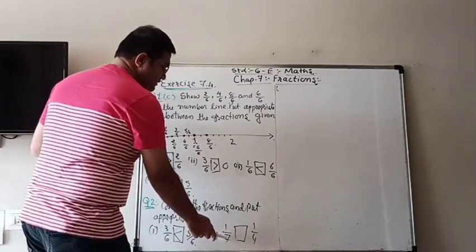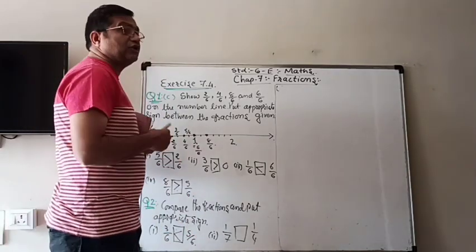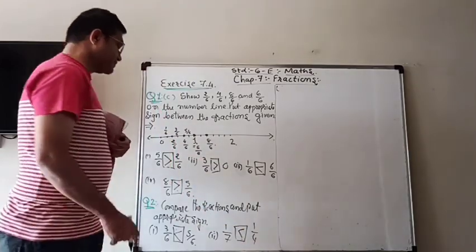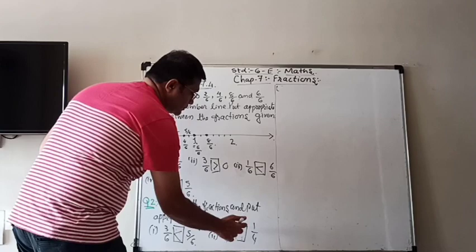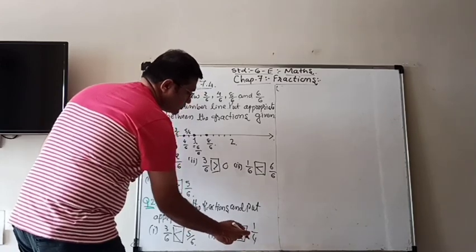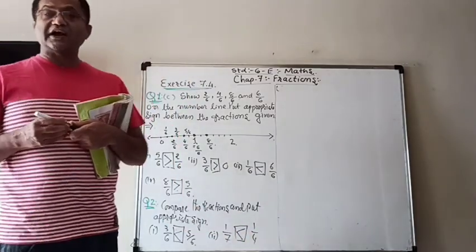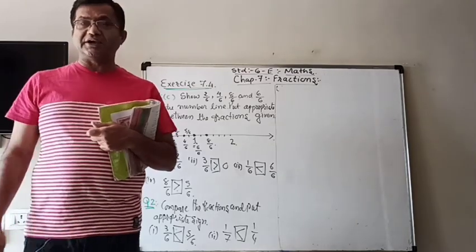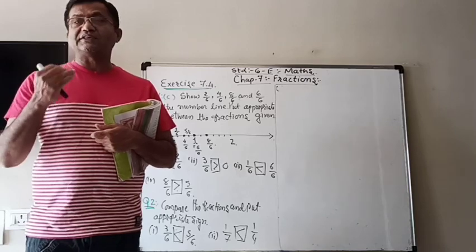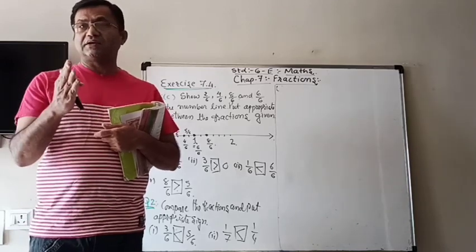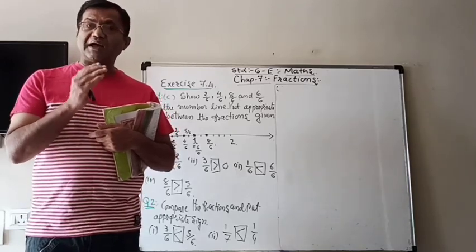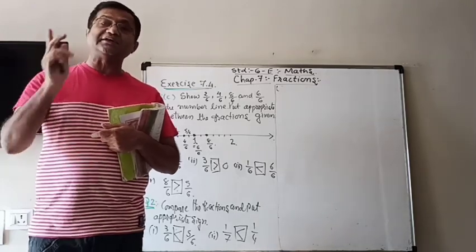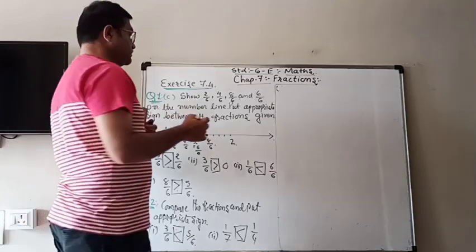Here 7 is the bigger denominator and therefore 1 by 7 is less than 1 by 4.